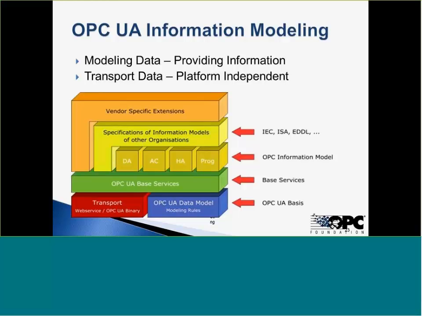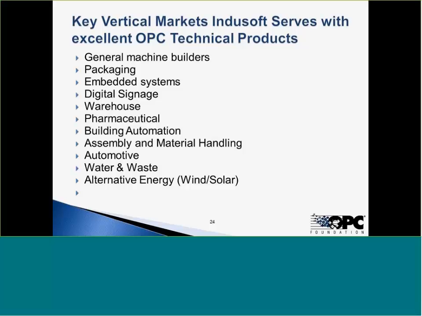And we're also working very hard at developing specifications for the information models for some of the other collaborative organizations that I mentioned earlier. Underneath those base services is the transport and the UA data model, and how all the system comes together, and why this is an architecture that we'll call timeless durability, and it'll last the test of time.